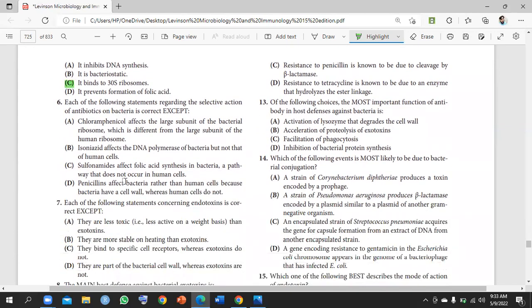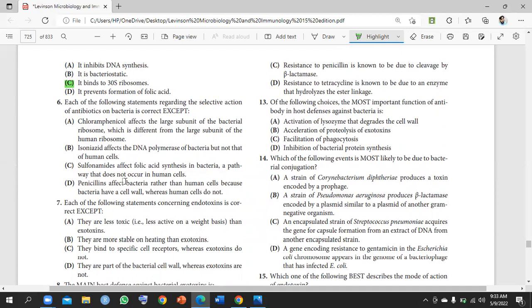Now, sixth is: each of the following statements regarding the selective action of antibiotics on bacteria is correct, except... okay, we have 4 statements regarding the mechanism of action of antibiotics, but one is wrong. We have to find the wrong one. Okay, so chloramphenicol affects the large subunit of the bacterial ribosome.